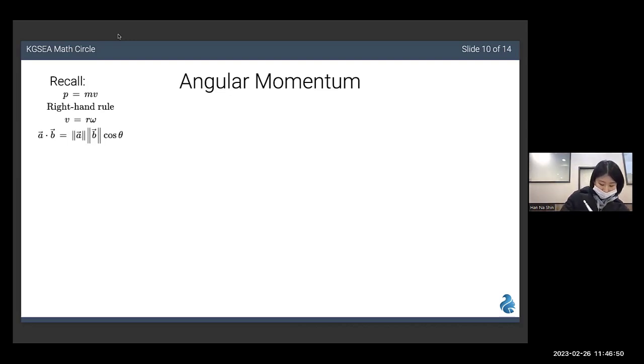So angular momentum is denoted as L. That would be just momentum, mv, times r. Now, this is a scalar quantity, so we want to find the vector quantity, and we need to convert the scalar quantity into a vector.